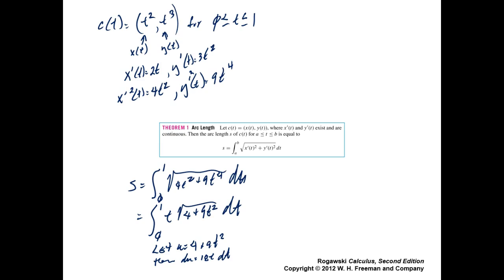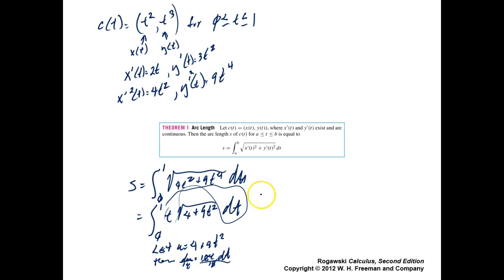Now, I don't have an 18t dt in the original. I have a t dt. So what we need to do is probably divide out an 18. Okay. Now we're getting pretty close to it, I think. The t dt, this part here is going to be du over 18.